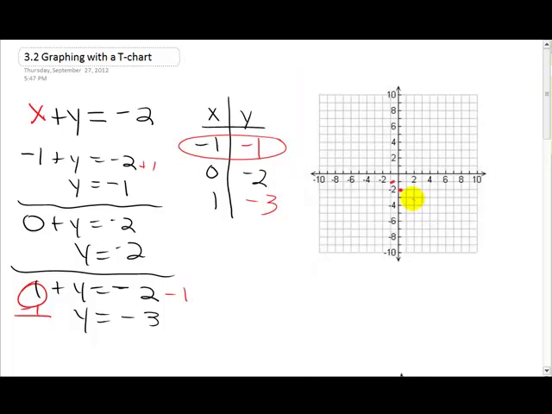When you're graphing on paper, you'll want to be sure that you're using a straight edge to draw a line through those dots. Well, that's a little bit off. It's going to be a little bit difficult for me to do this. Hopefully I'll get better here in a little bit.